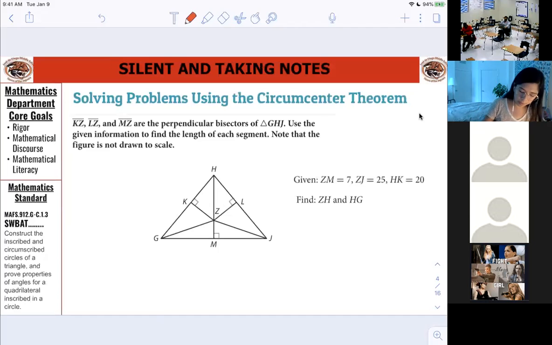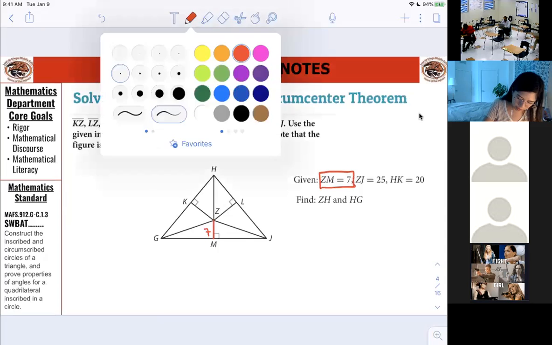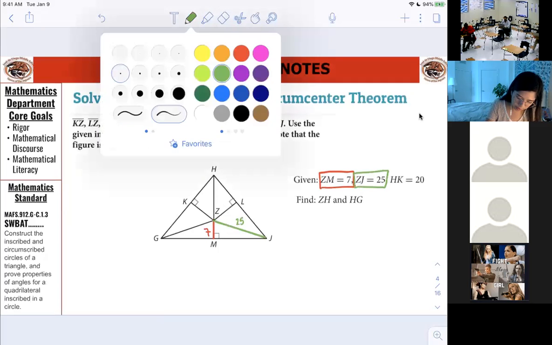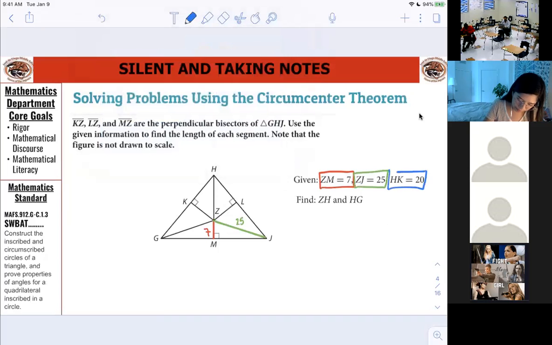Awesome. All right. So I'm going to highlight everything that is given here. ZM equals 7. So let me highlight that. ZM, that's 7. ZJ is 25. And HK is 20.